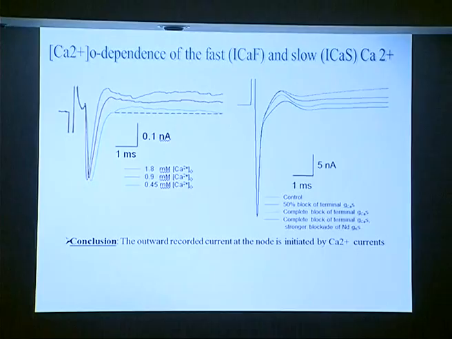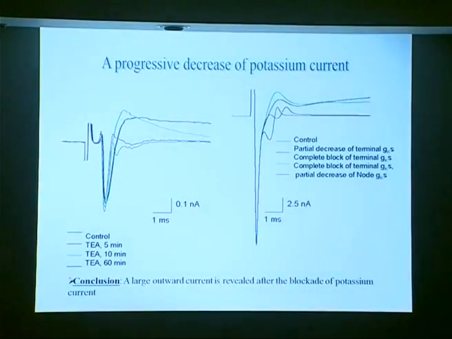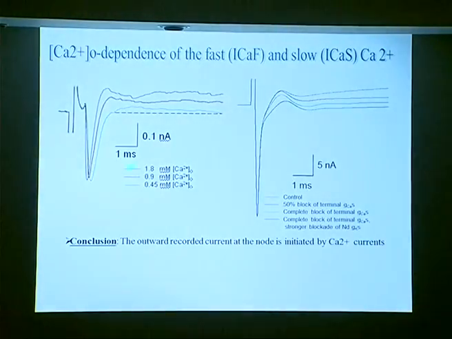Now, in order to see which kind of outward current exists in the green curve, in the experiment, the extracellular calcium concentration was diminished, and you can see that that was the control state, and after decreasing the extracellular calcium, the outward current was almost diminished.